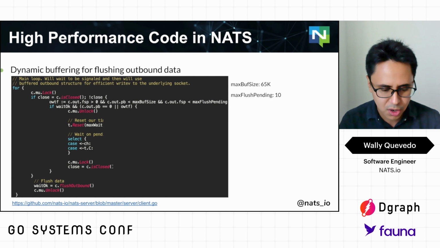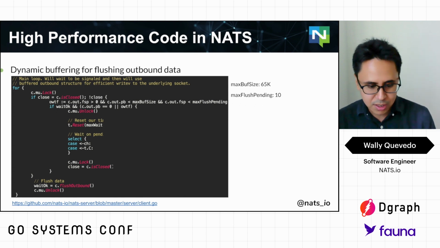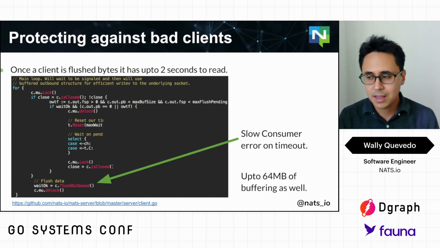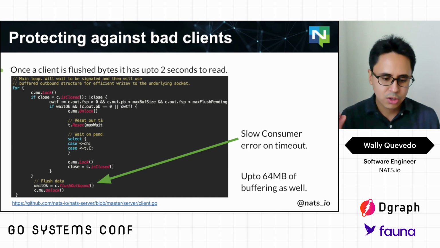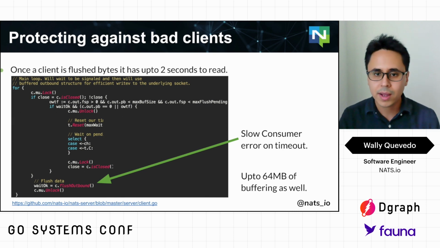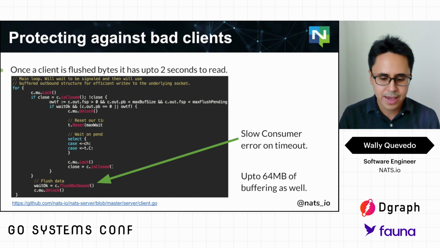And this part of the code is very important because it gives NATS one of the best traits, that is it protects itself. In this case, when the NATS server cannot make a write to one of the clients for up to 2 seconds, what is called the write deadline, then that client is not very healthy, so it's going to become a slow consumer.